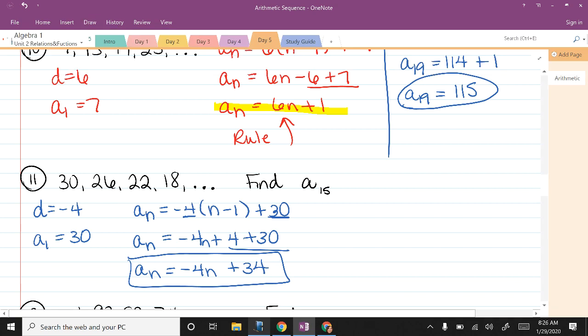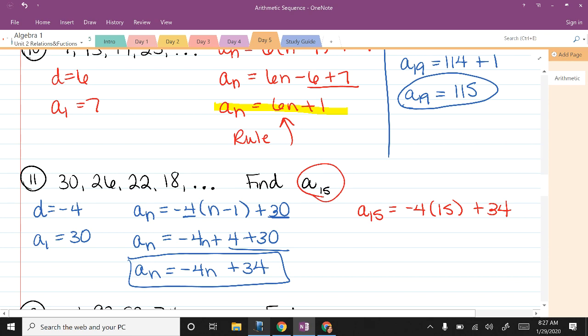Okay. What term are they wanting us to find? The 15th term, right? So now that I have my rule, I'm going to use this as my formula now. And I'm going to plug in 15 for all my n's. So A sub 15 equals -4 times 15 plus 34. Okay, so whatever you're trying to find, you plug in for n. Does that make sense?